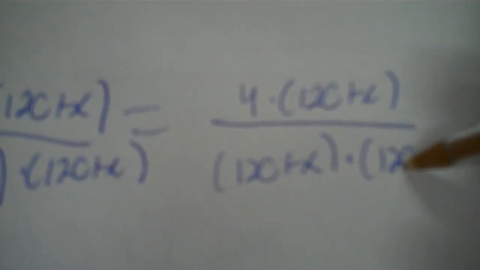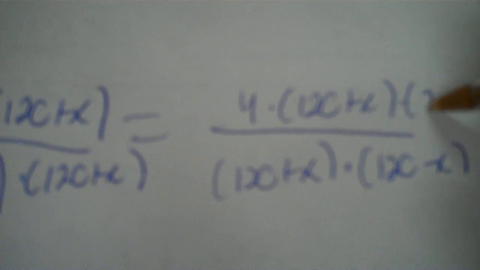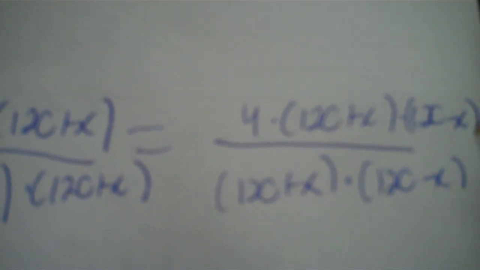Then 120 minus x, and that one already has it, 120 minus x. Okay, now the denominators are all set.